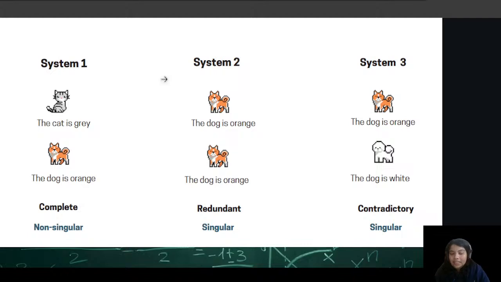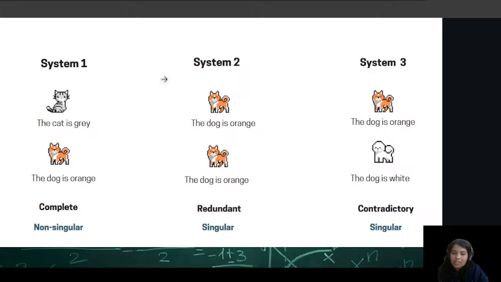But in system 1, the cat is gray and the dog is orange, it contains two separate pieces of information, that there is a cat and there is a dog. There is no redundancy because there is no repetition, and it deals with two agents and provides us all of the information. So we call it a complete system and non-singular, because it conveys all four pieces of information.